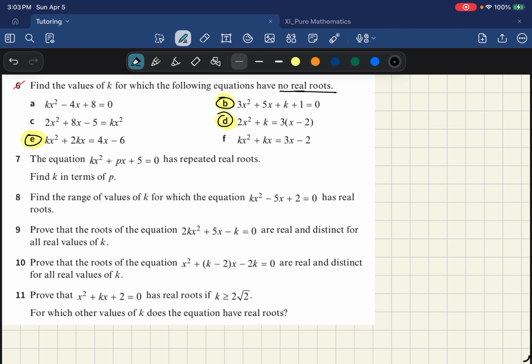Part 7. This equation has repeated real roots. Repeated real roots, two same roots, double same roots, the same thing. Find k in terms of p. So if you have two repeated real roots, then b squared minus 4ac is just 0. And then we just substitute. b is p squared minus 4, a is k, and c is 5.